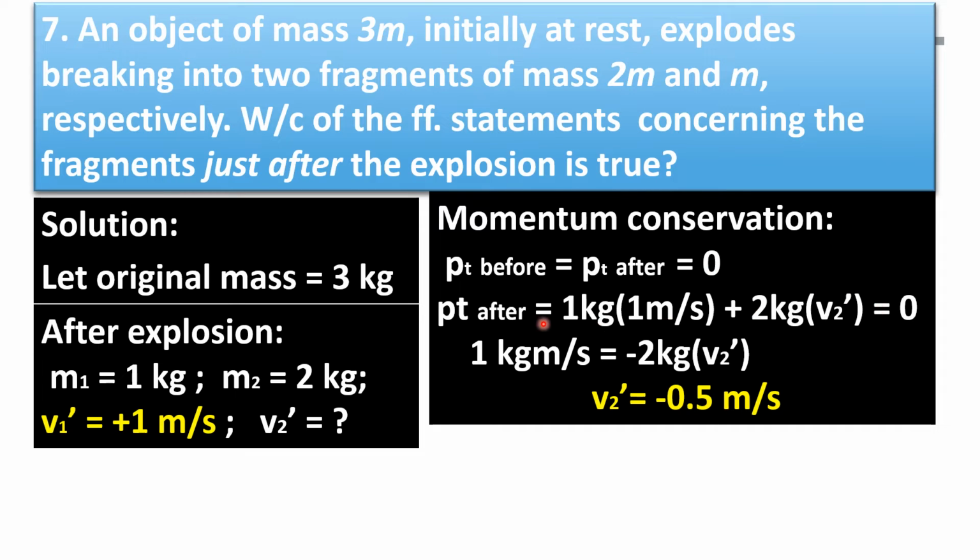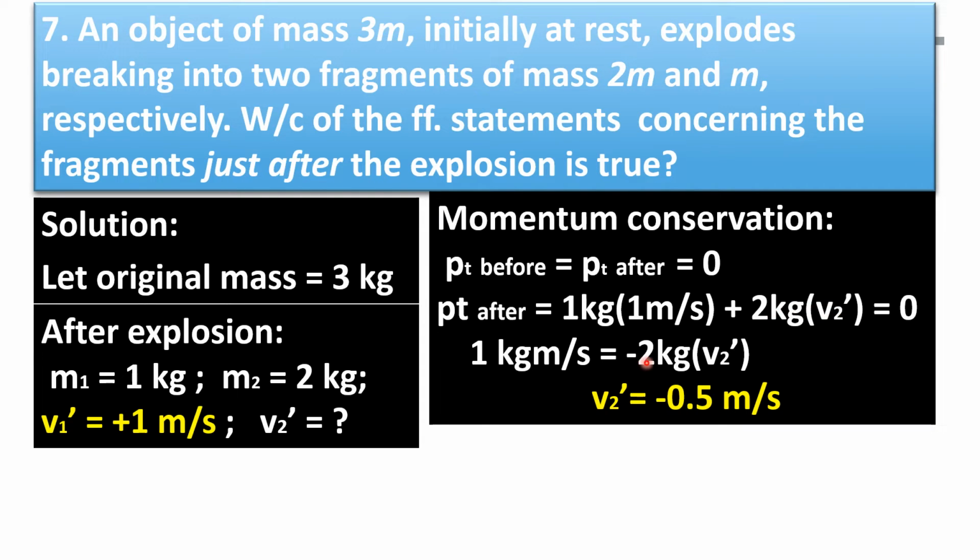When we have this kind of equation, where the two terms are added and equated to zero, we just isolate one of them and put it on the other side of the equation, just like what we have here. 1 kilogram meter per second is equal to the negative of 2 kilogram times v2 prime, or the final velocity of the bigger mass.